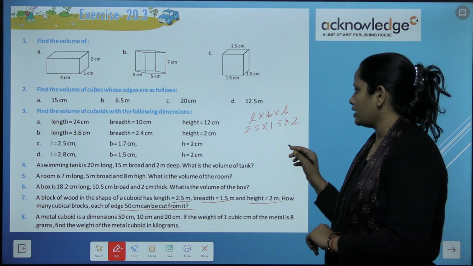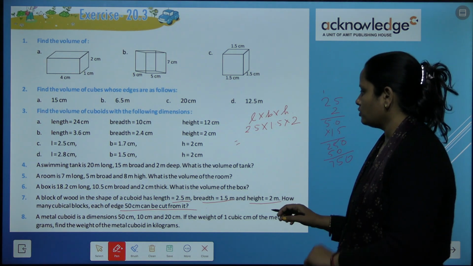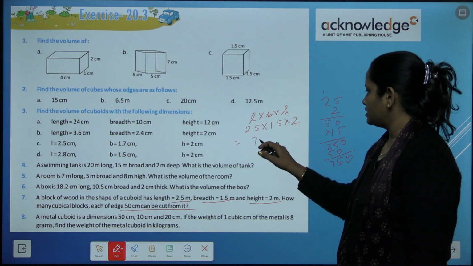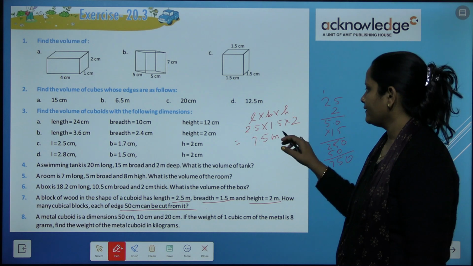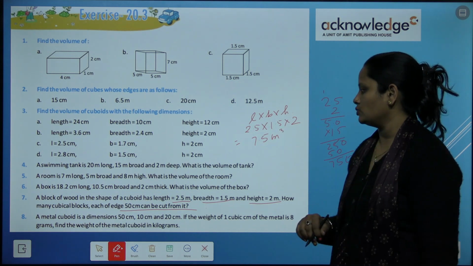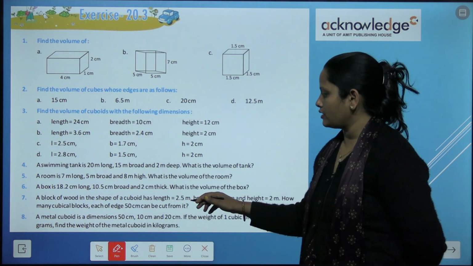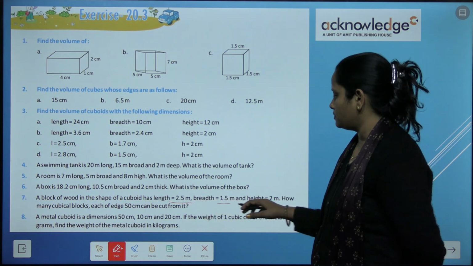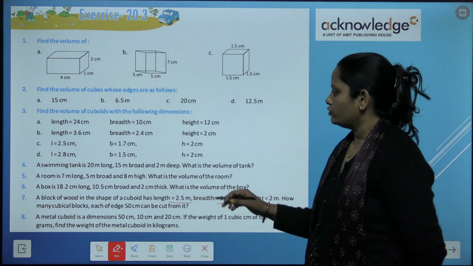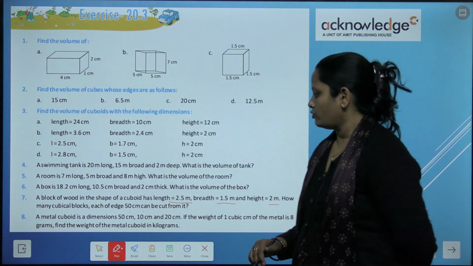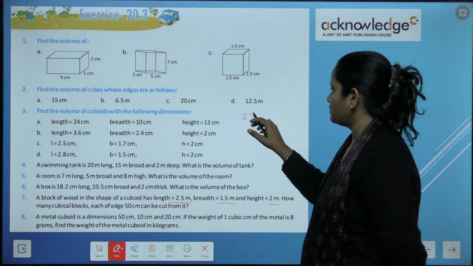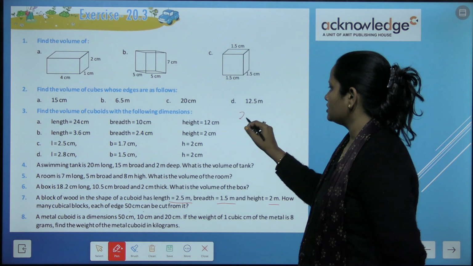So let's multiply all these. So here the volume is 7.5 meter cube. So children, let's do this 7th question. Here length is this, breadth and height is given. First we have to convert this into centimeter. So for converting we have to multiply this.